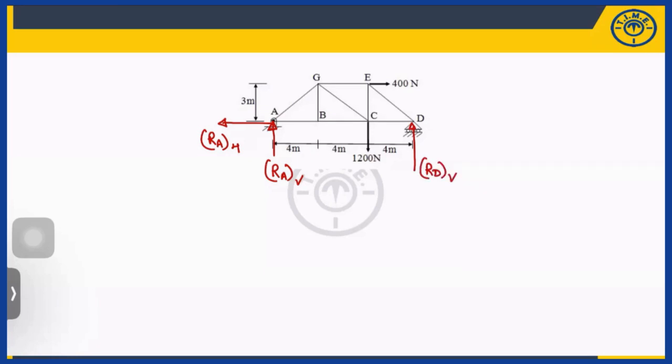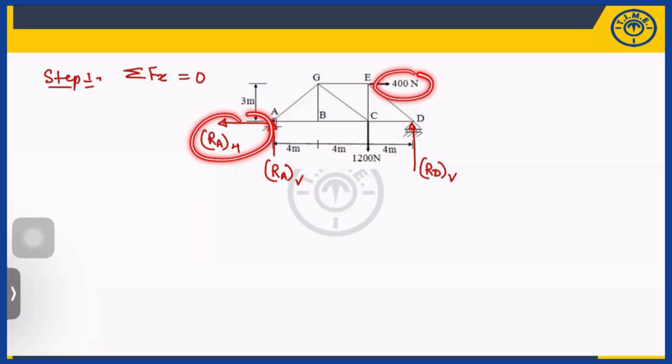So what is the equilibrium equation? The first step is to consider the equilibrium equation in the x direction, summation of force in x direction equals 0. The forces acting in the x direction are the reaction and the 400 Newton. RAH is acting in the negative direction, so it is minus, and then plus 400 because it is in this direction.